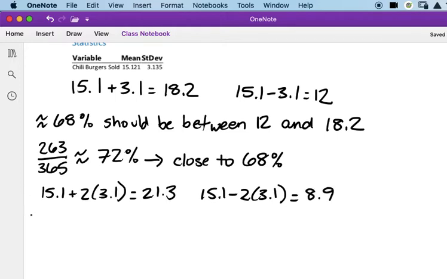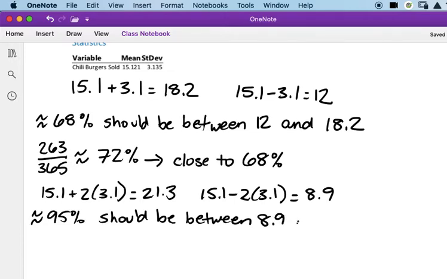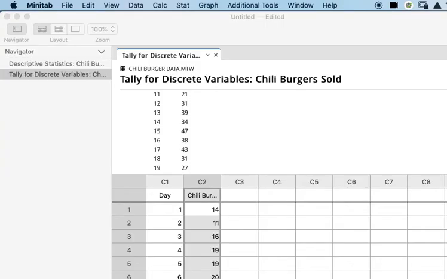So this is telling me that about 95% of the data should be between 8.9 and 21.3.